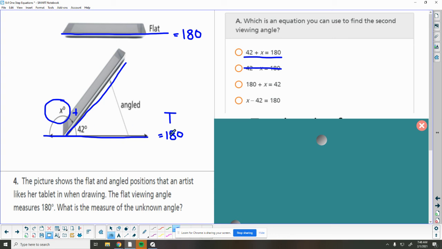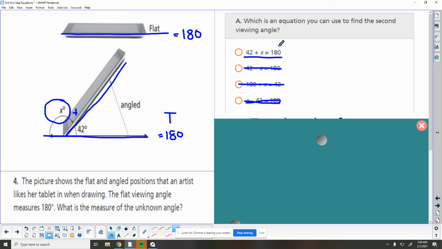Here we have 180 and we're adding on x. So that's going to make it even bigger than what it is. So that's not going to work. And this one is taking x and minusing 42. So again, it subtracts, but it doesn't start with the total. So that doesn't work either.